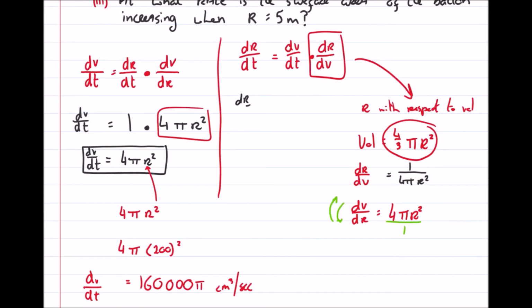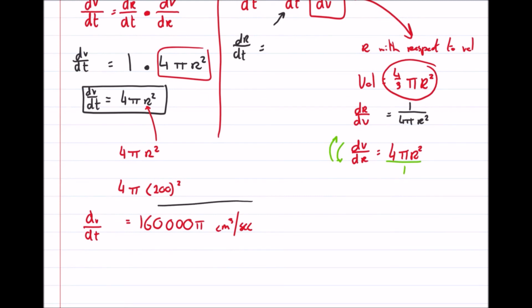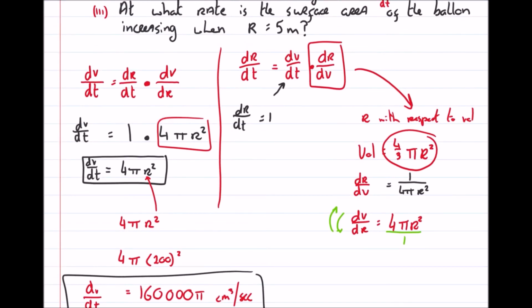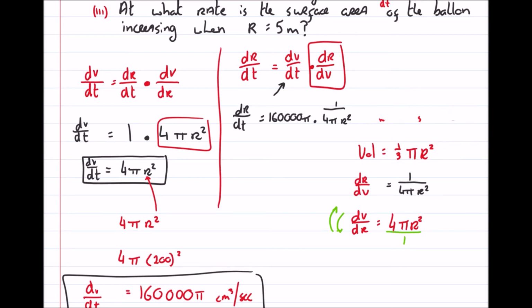So I want dr/dt, dV/dt, I have it down here, that's what it is, 160,000 pi, multiplied by dr/dV, which I have here, which is 1 over 4 pi r squared.